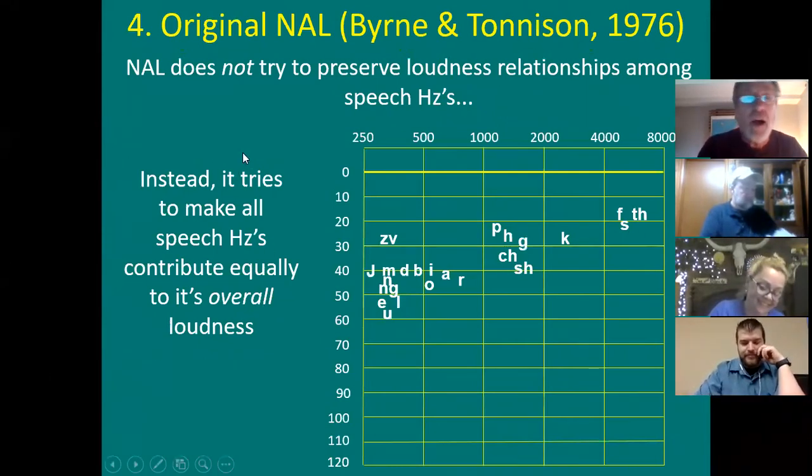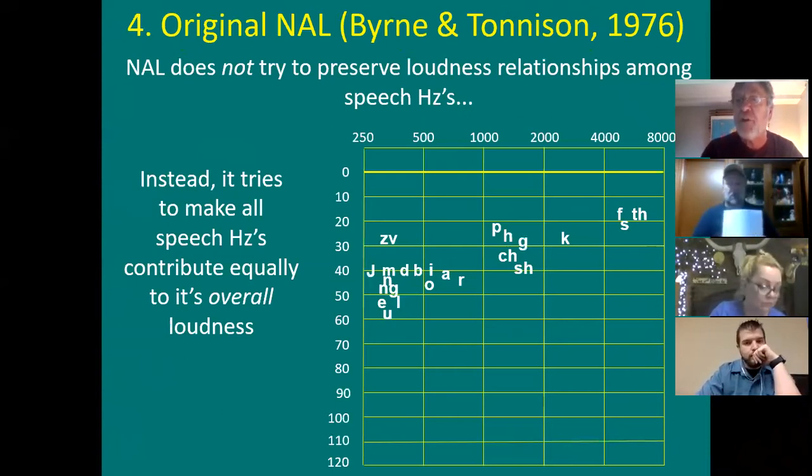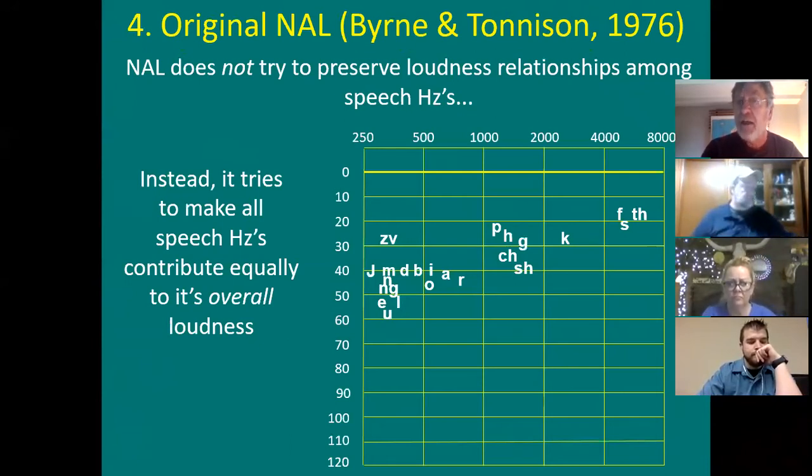Okay, anyhow, NAL does not try to preserve loudness relationships among the speech frequencies. Look at the audiogram. Look at how soft K, F, S, T, H, R are compared to Z, V, J. All vowel sounds, I'll sound like a chimpanzee.